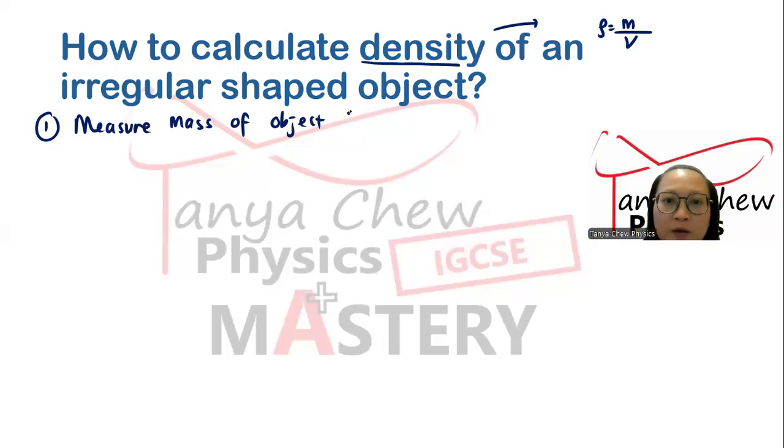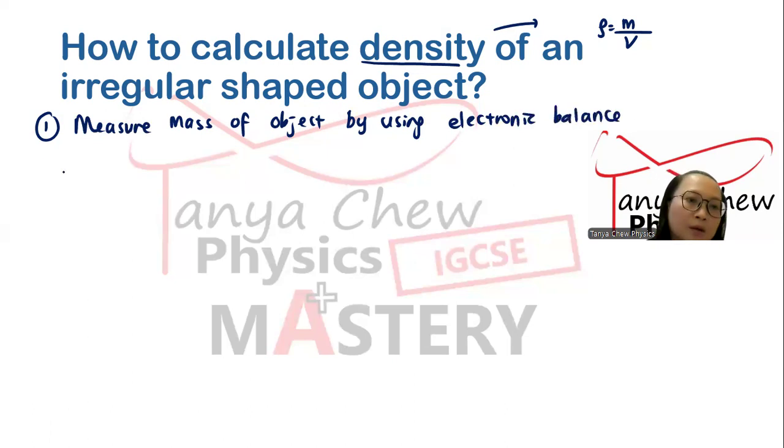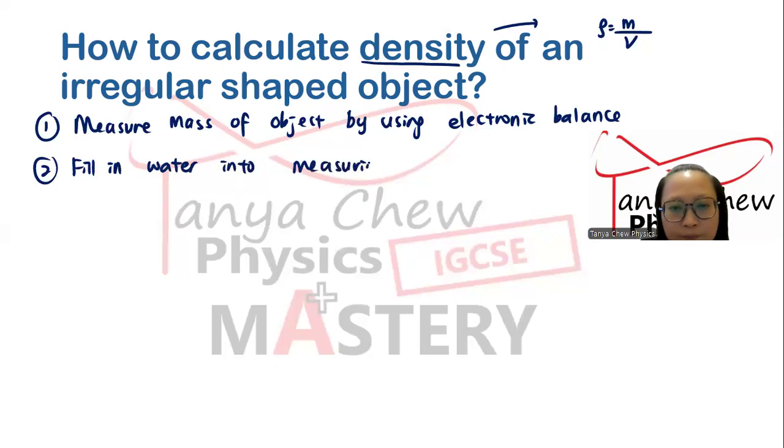Suggest the apparatus by using electronic balance. And after that, fill in water into measuring cylinder. Take its initial volume.